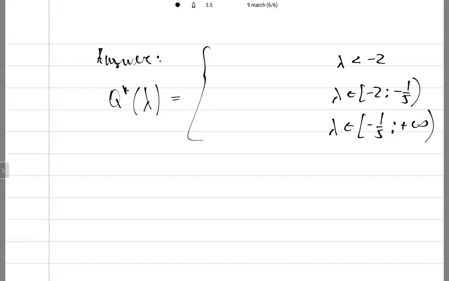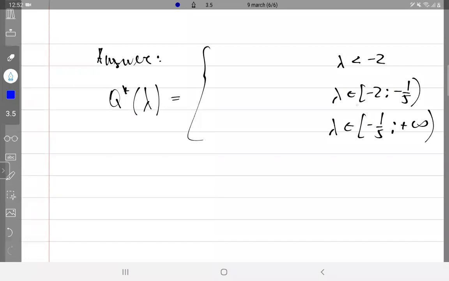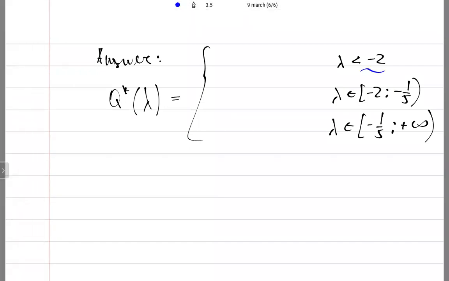So I have three cases. You should attach these special cases somewhere, but it doesn't matter where. For example, you may glue -2 to the first case, or glue -1/5 to the second case.